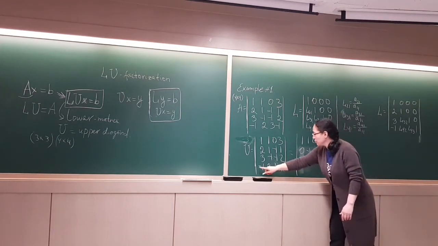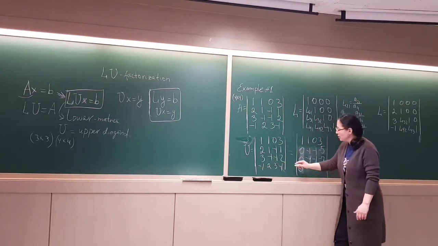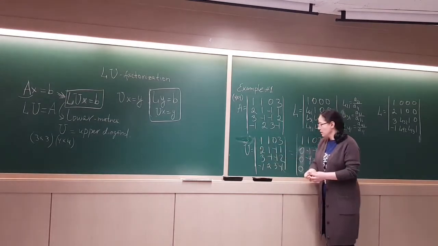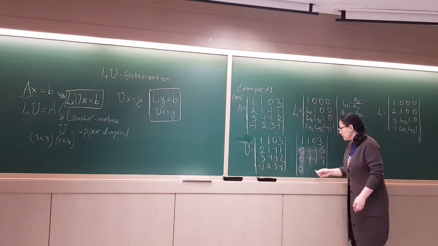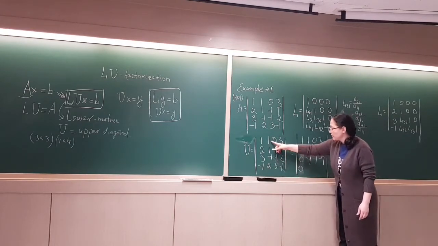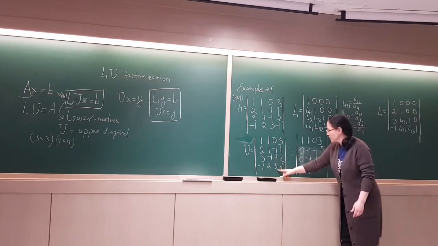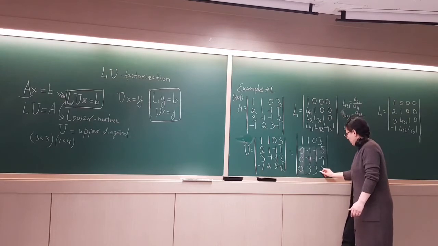And here we have minus 1. To make a 0, we just add. Then it will be 0, 3, 3, 2, okay?